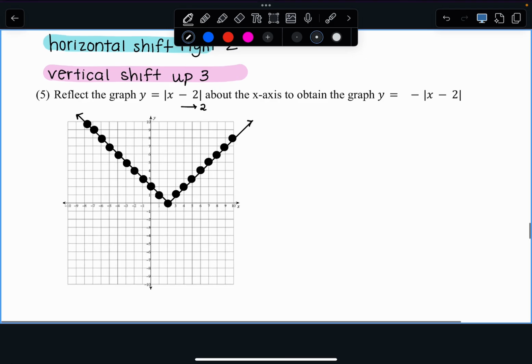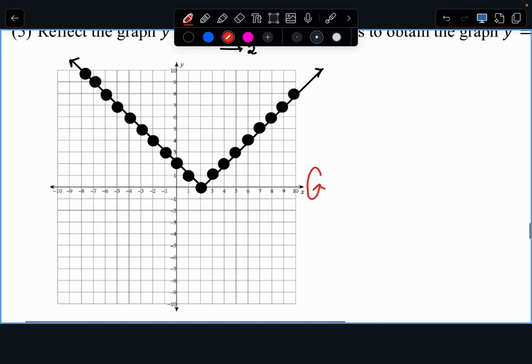Now, reflecting it over the x-axis means we're going to flip it down this way. Whatever point was on the x-axis is going to stay there.